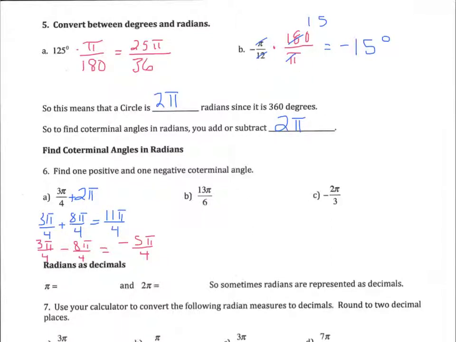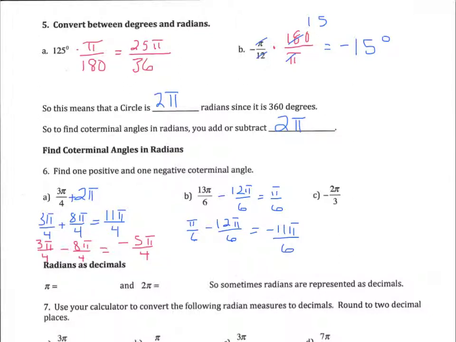For B, we should have first subtracted 2 pi, which is 12 pi over 6, because we still would have gotten a positive coterminal angle. If we subtract 12 pi over 6, we get pi over 6. Then we can take pi over 6 and subtract 2 pi again, which is the same as 12 pi over 6, and get negative 11 pi over 6.